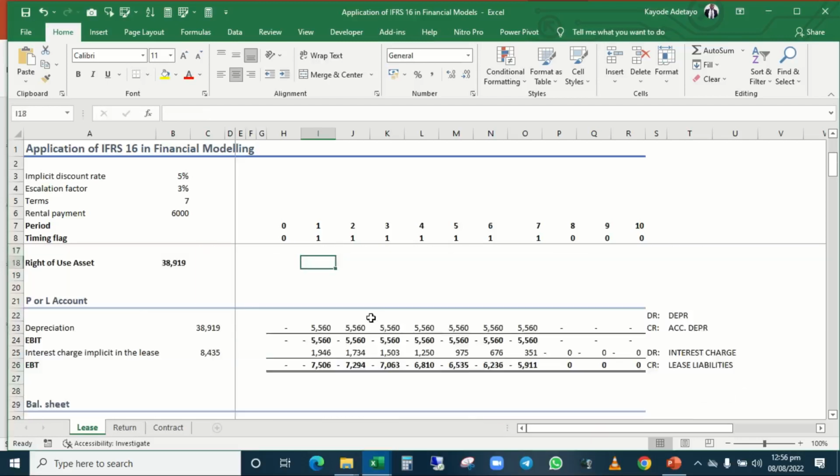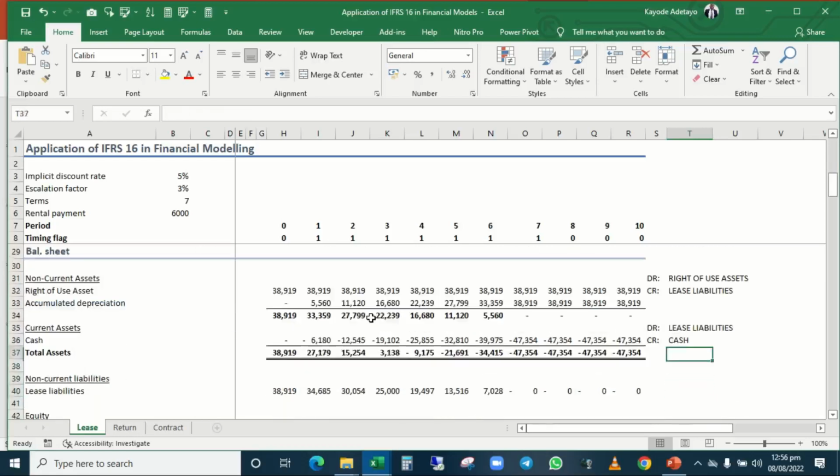Another thing that needs to be recognized is the implicit interest charge on the lease. This is very important because the payment made by the lessee is composed of the principal and the interest. So we are going to apply the interest rate on the lease liability balance.